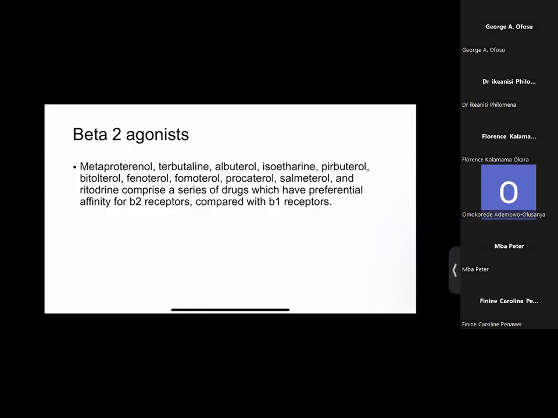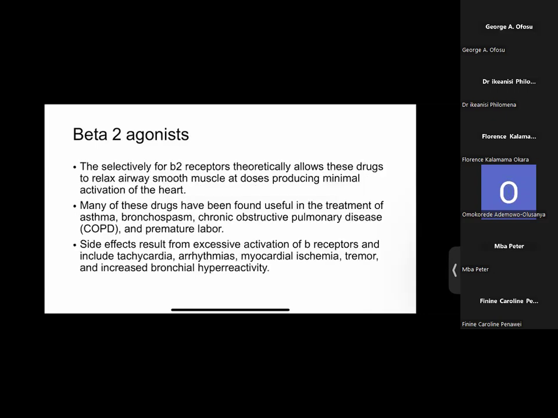Then the beta 2 agonists. The beta 2 agonists include albuterol, metaproterenol, fenoterol, formoterol, and salmeterol. Formoterol and salmeterol are long-acting, while salbutamol is short-acting. Ritodrine is also one of the beta 2 agonists. The selectivity for beta 2 receptors theoretically allows these drugs to relax airway smooth muscle at doses producing minimal activation of the heart.